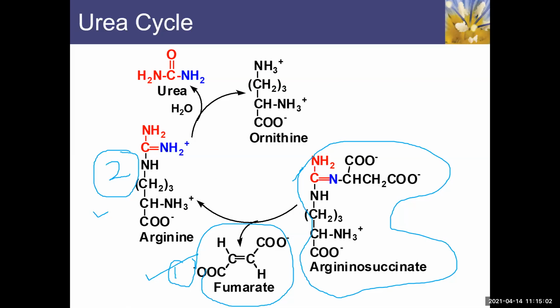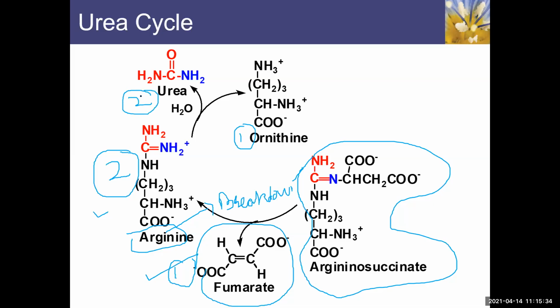Okay. So what will happen now? We have the arginine and the fumarate. Let's see what will happen to these two. So arginine will further break down, and it will form two important compounds, one called the ornithine and the second one is the urea. So what did we do?